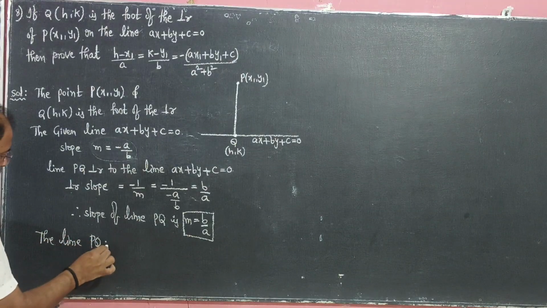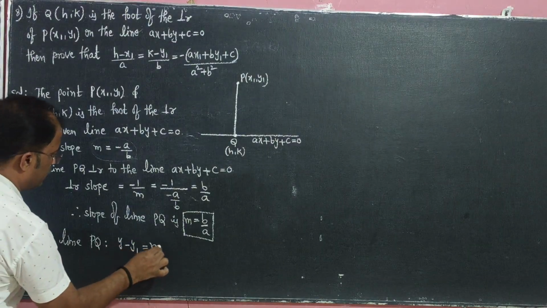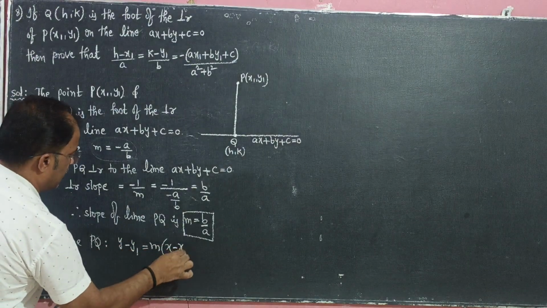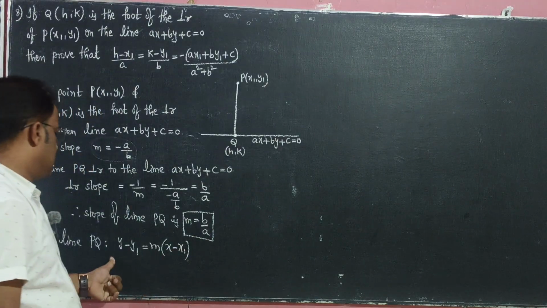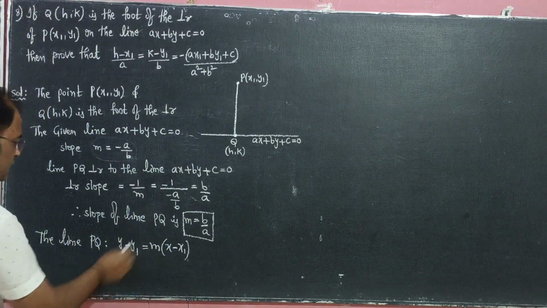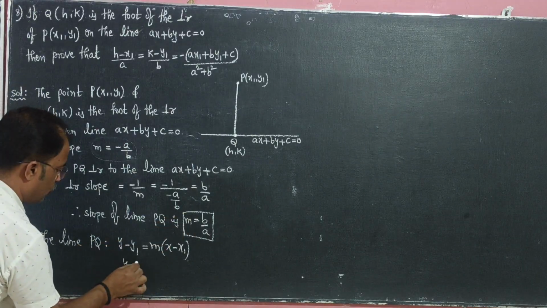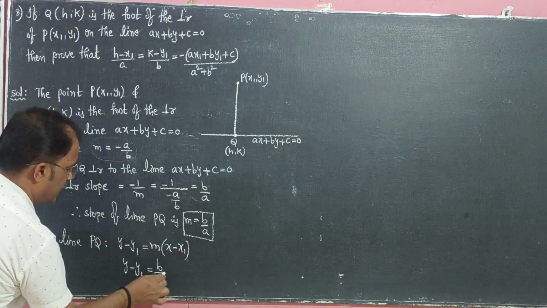Now we find the line PQ. Line PQ is y minus y1 equals m into x minus x1. This is the general line formula: the line equation passing through any point and having slope m is y minus y1 equals m into x minus x1. Substitute m as the slope. What is the m value? b by a.